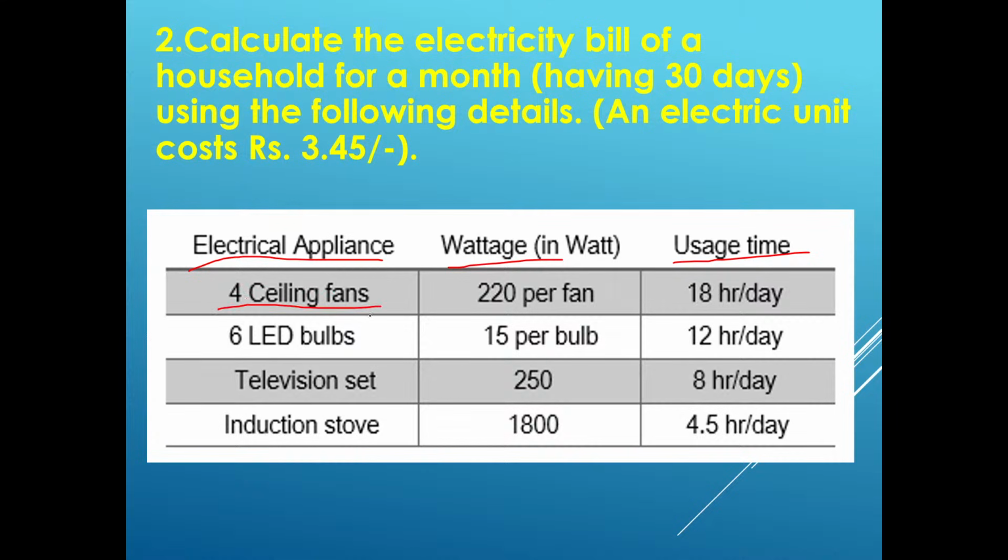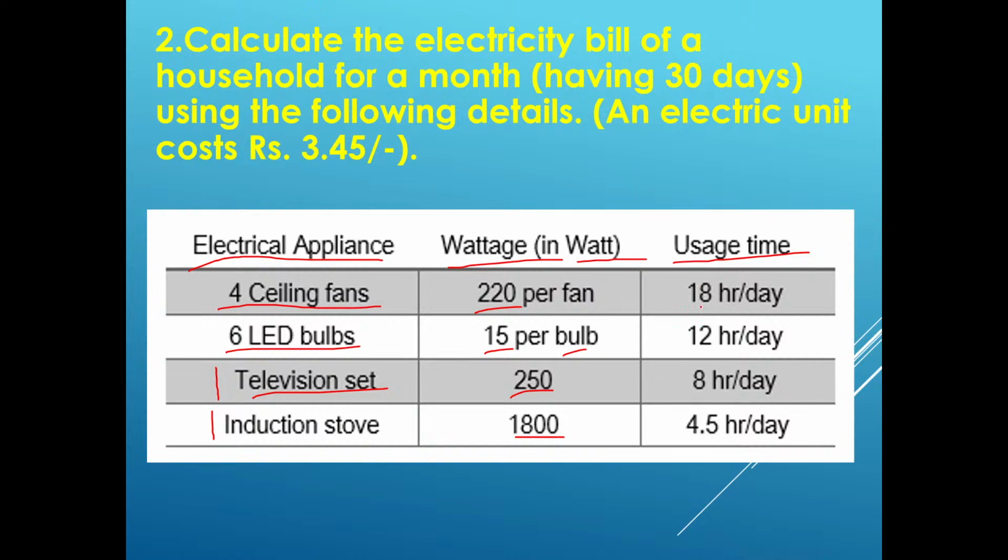So 4 ceiling fans, 6 LED bulbs, 1 television set, 1 induction stove. Wattage of each ceiling fan is 220 watts. Bulb wattage is 15 watts. Television is 250 watts and induction stove is 1800 watts.